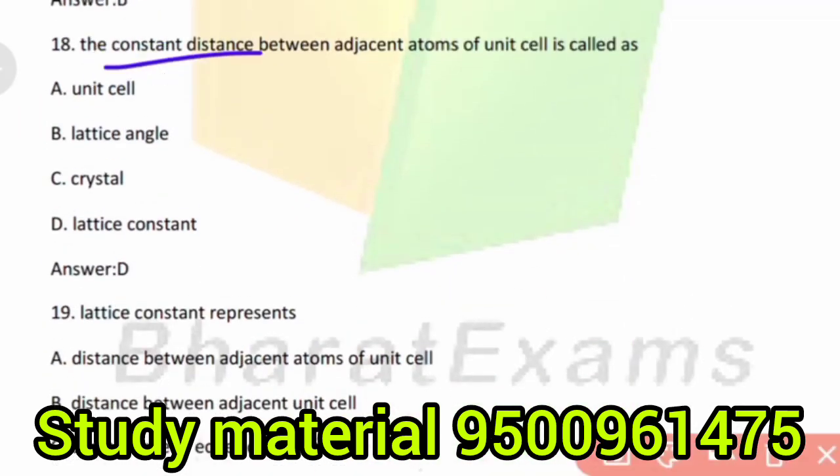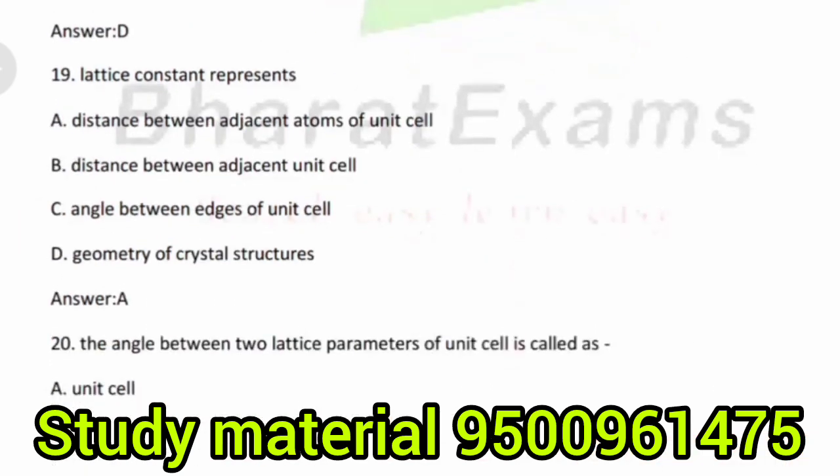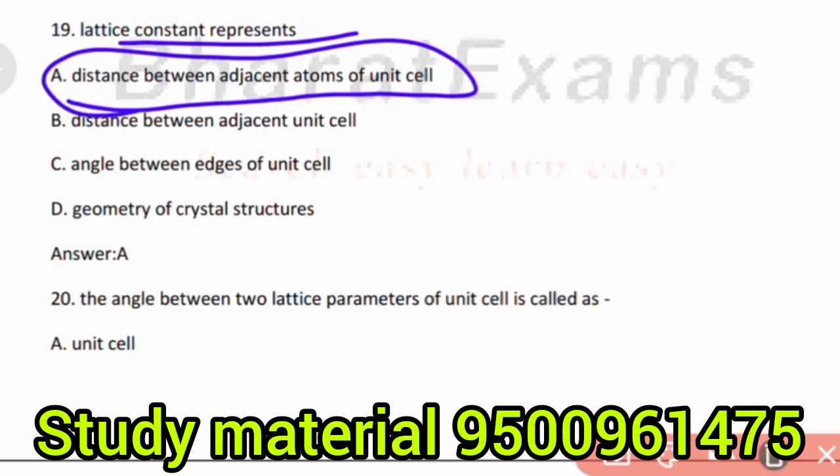The constant distance between adjacent atoms of a unit cell is called lattice constant. Lattice constants represent the distance between adjacent atoms of a unit cell.